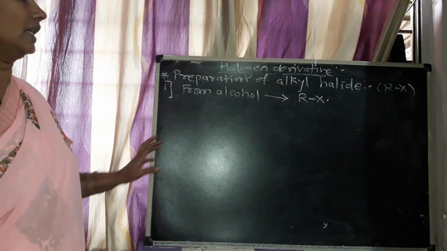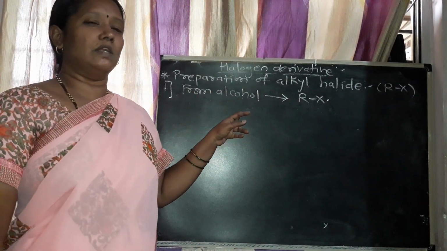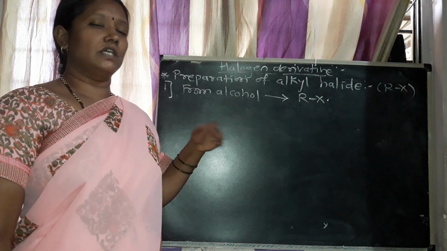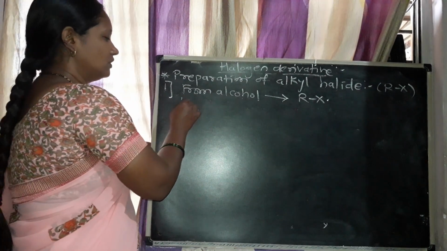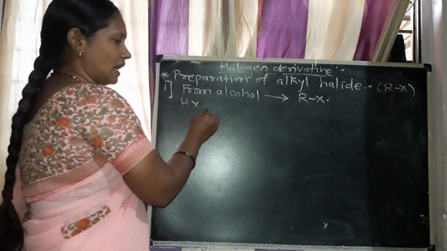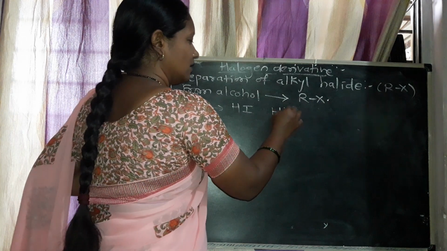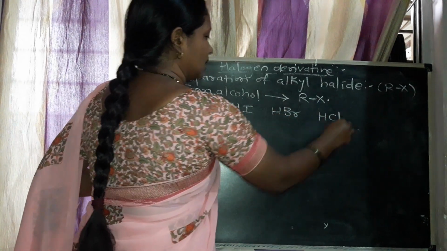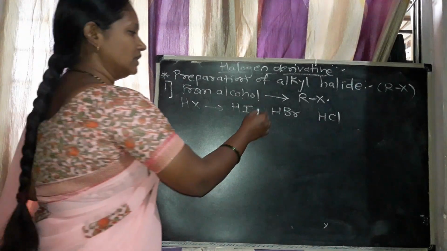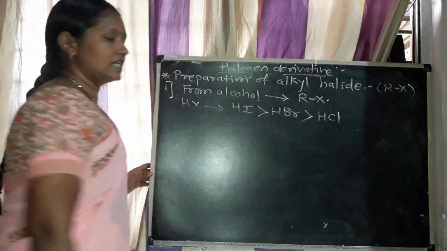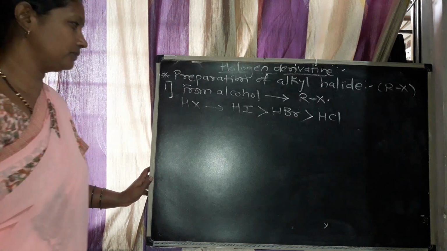These alcohols are reacted with hydrogen halide, also called hydrogen acid. There are three types of hydrogen halide: HI, HBr and HCl. The order of reactivity is HI more reactive than HBr, more reactive than HCl.